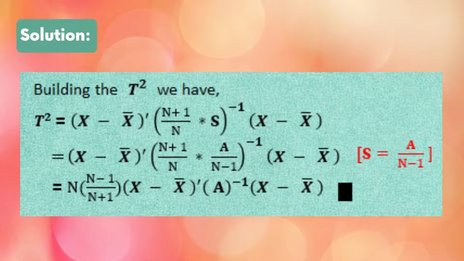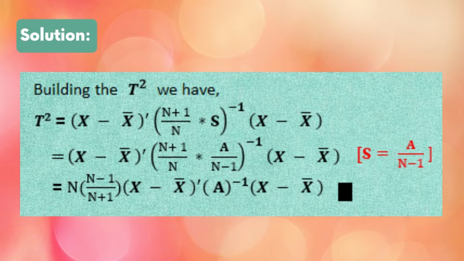Now we build the Hotelling's t-squared. The first term is the transpose of the normal vector multiplied by the inverse of the middle term, which is the unbiased estimator of the normal vector's covariance matrix, then multiplied to the normal vector. Recall that matrix S is equal to matrix A over n minus 1, which we substitute for S here on the second line.